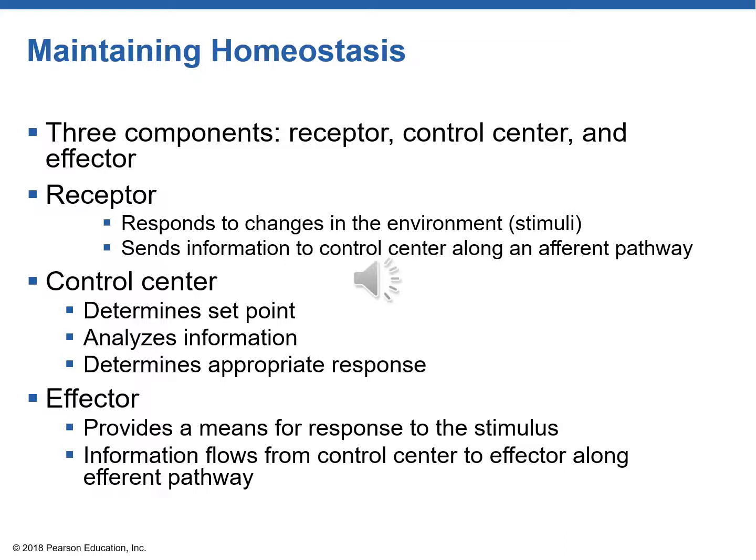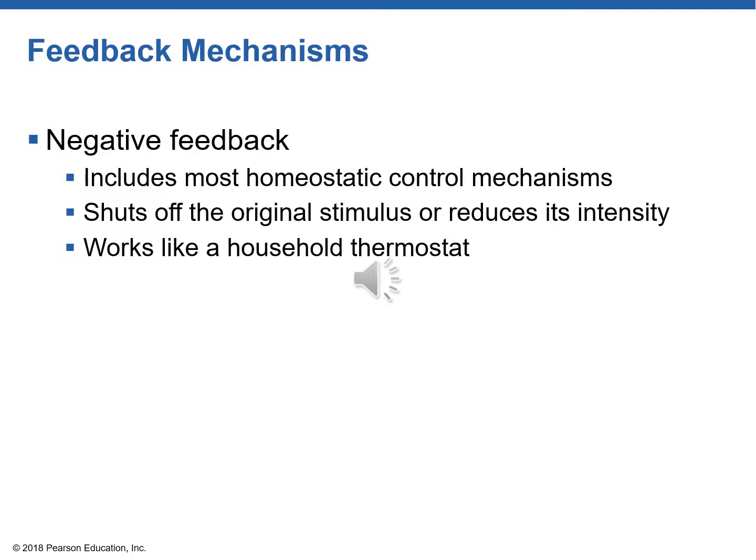That information is sent along an afferent pathway to a control center like the brain, which is able to analyze this data and compare it to what the desired level of calcium is. And then information goes out through the efferent pathway to make a change in the body in order to correct the deviation from normal.